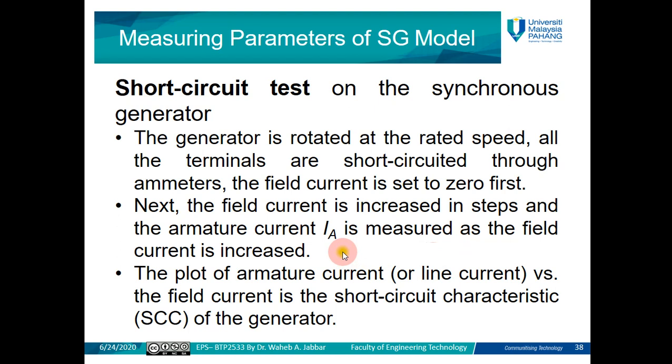The current will increase, so we need to use a meter to measure both the field current and the armature current, which in the normal case represents the load current. Then we plot the relation between the armature current and the field current, and we call this the short circuit characteristic.